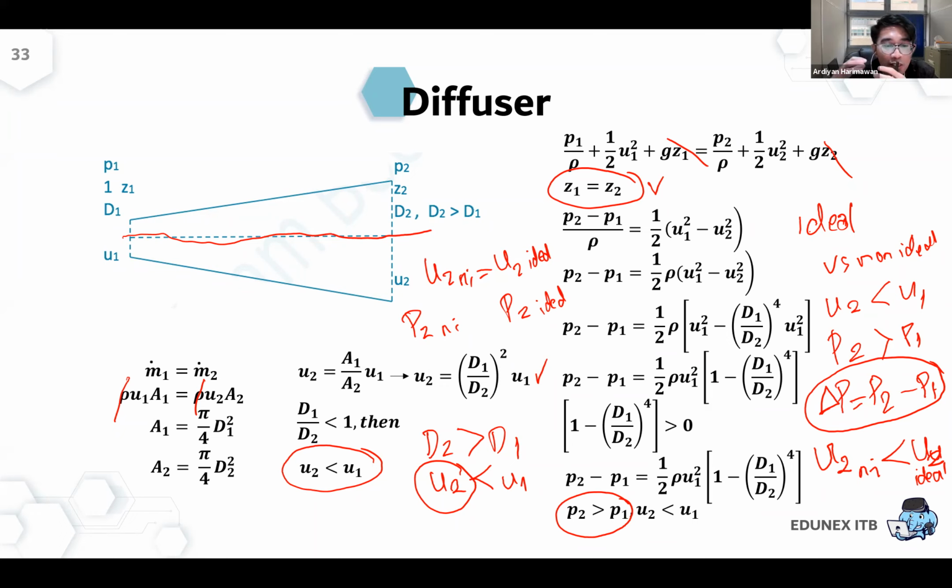So the amount that's compensated into the pressure energy will be lower. That's why P2 will be lower in real condition. It means delta P in non-ideal will be lower than delta P in ideal.